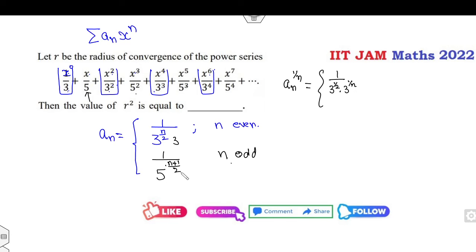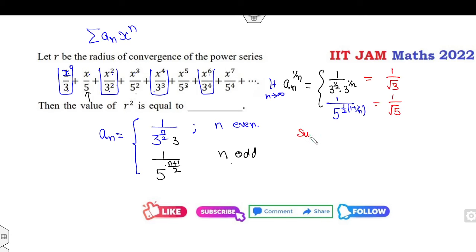For the other case, if you divide by n, half is common, so 1 plus 1 over n. Now take the limit as n approaches infinity. This expression will be 1 over root 3, and this expression will be 1 over root 5.